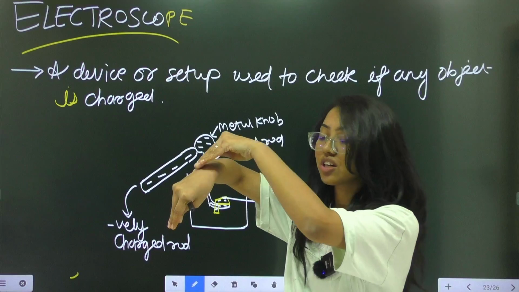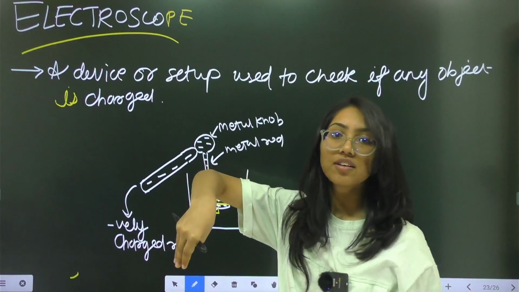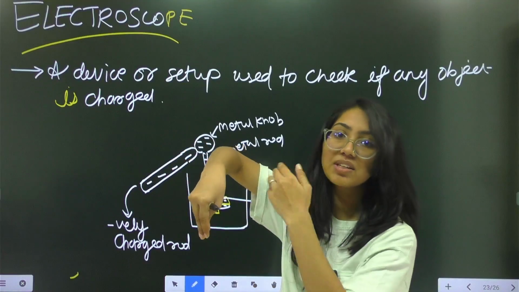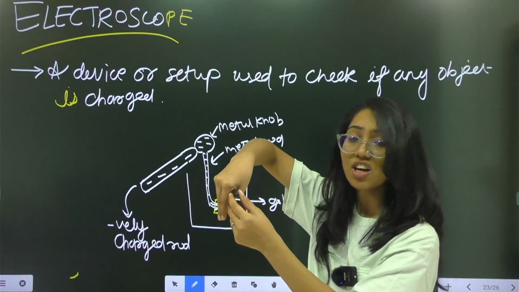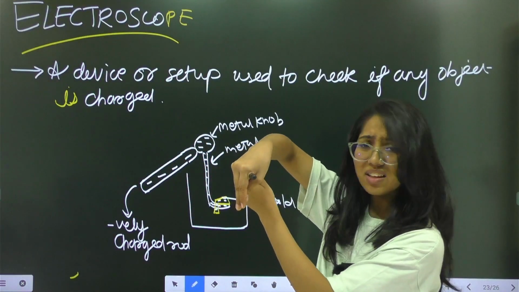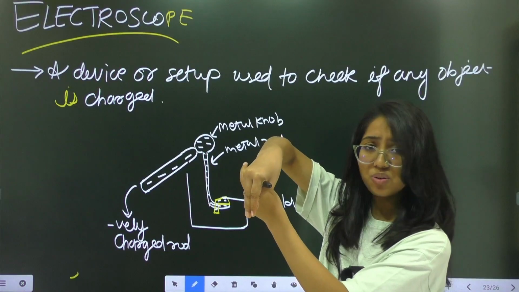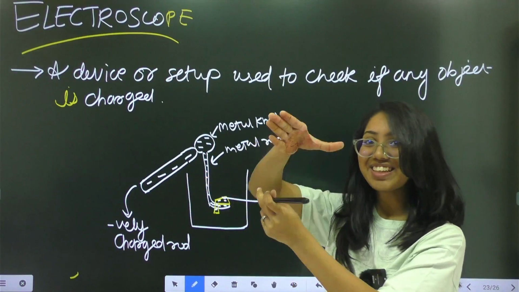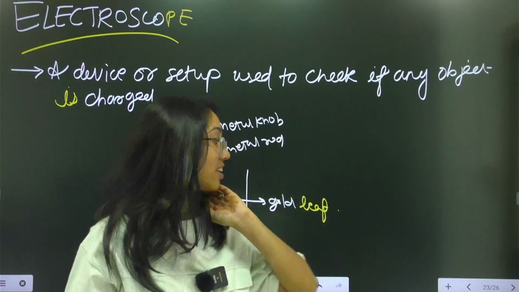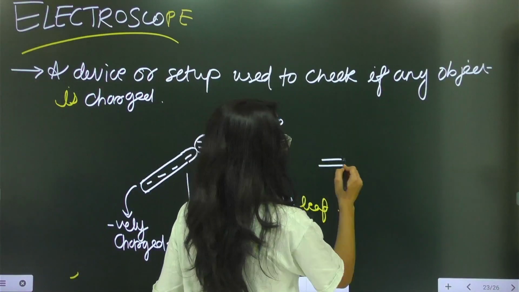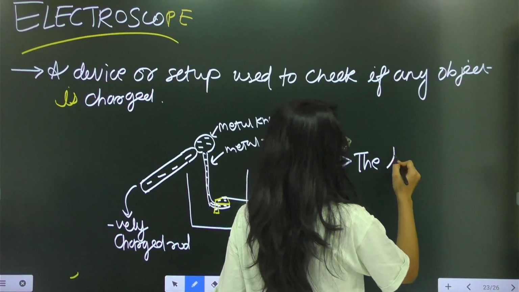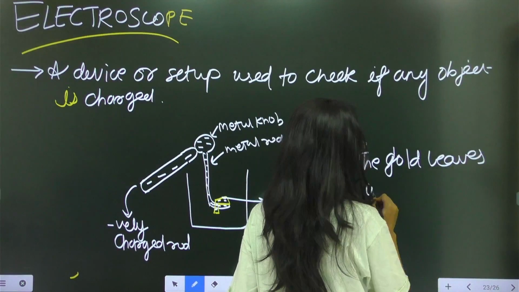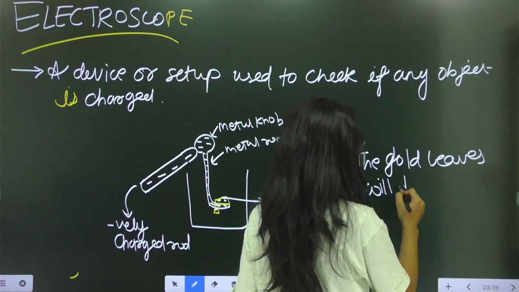When the charge comes and flows, what will happen? Of course, there will be negative charge in this leaf too, and in this leaf too. So the leaves of the gold leaf will diverge.